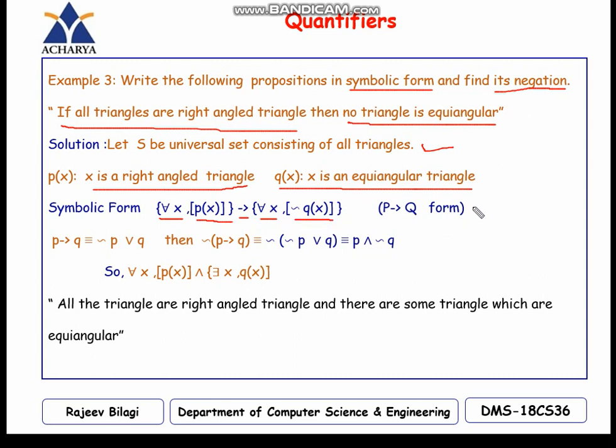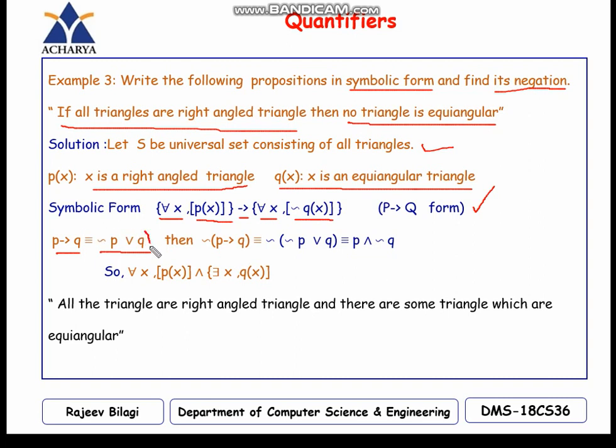With this, I can write this particular symbolic form as P then Q. Now I know that P then Q is logically equivalent to negation of P or Q. Now I have this particular statement.